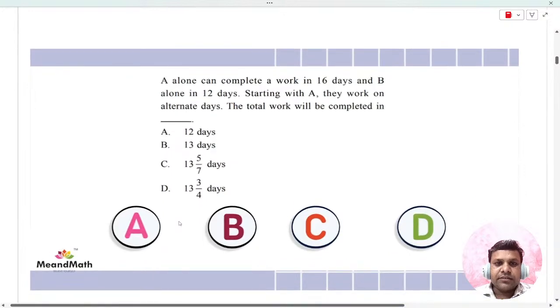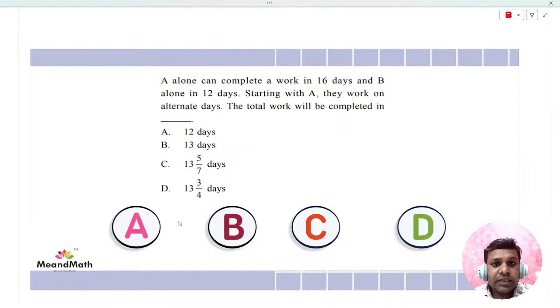Question number one, the question for the day. A alone can complete a work in 16 days and B alone in 12 days. Starting with A, they work on alternate days. The total work will be completed in how many days?